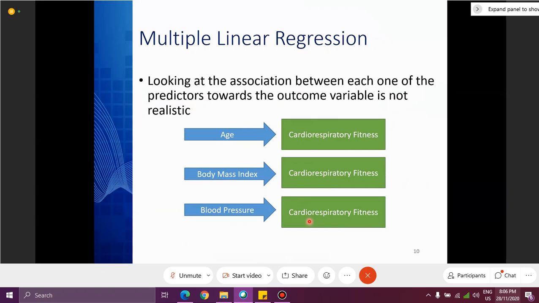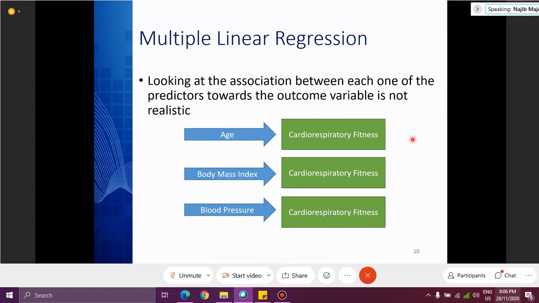In the first simple linear regression, you are looking at the association between age and cardiorespiratory fitness. Then you perform another simple linear regression looking at the influence of BMI towards cardiorespiratory fitness, and in the third linear regression, you look at the influence of blood pressure towards cardiorespiratory fitness.